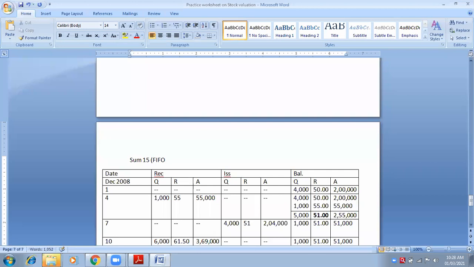Write down Statement of Stock Ledger Account, FIFO method. Draw the columns: date, receipt, issue, balance, with quantity, rate and amount bifurcated.